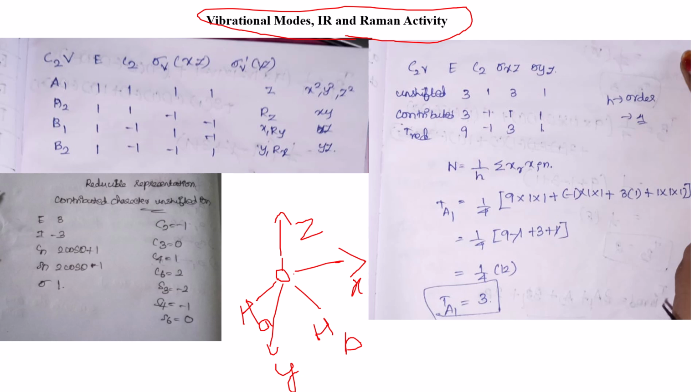This is the best example for the C2v point group. Using that, we find the unshifted values for E, C2, sigma v and sigma v dash.